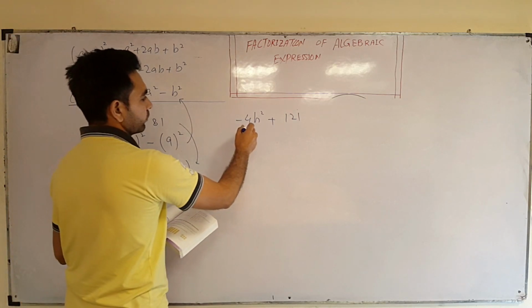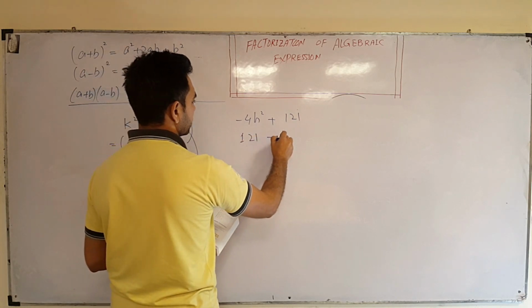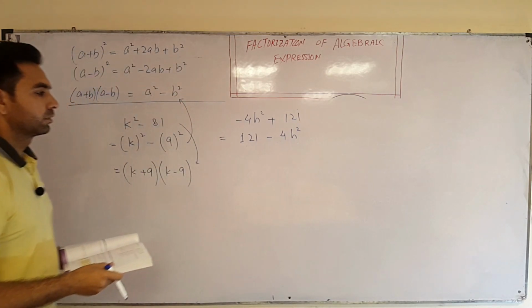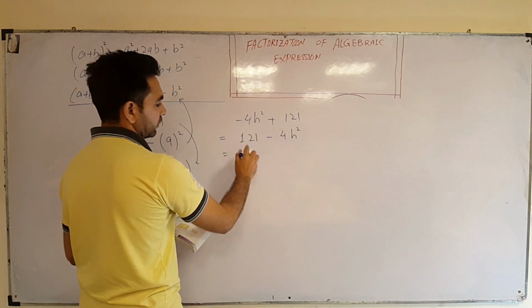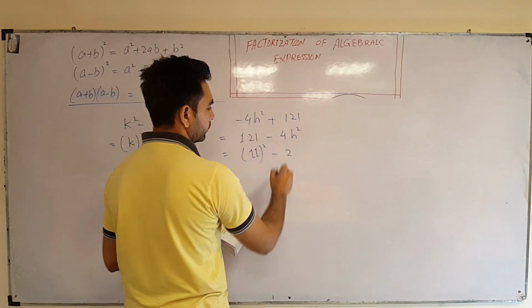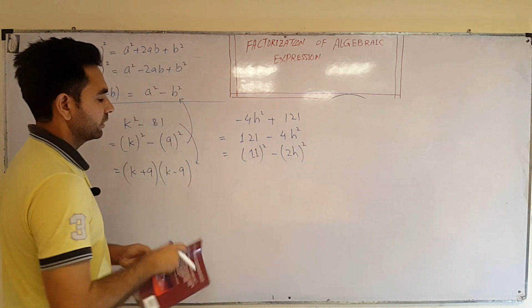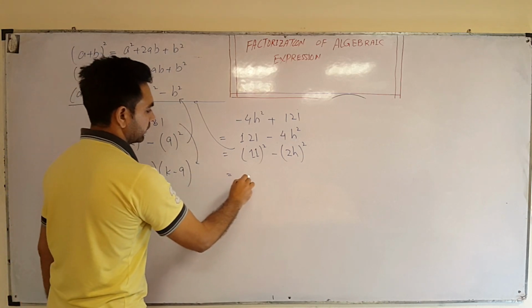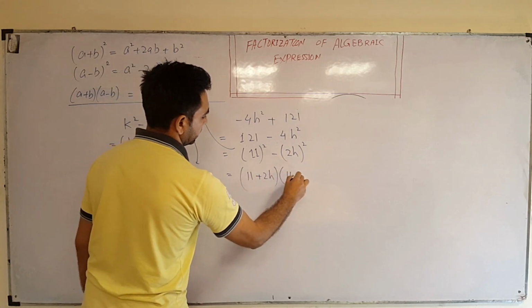So we can write this as 121 minus 4h square. 121 is a square of 11, and 4h square is 2h whole square. Now you can again compare it with this one. So that would be 11 plus 2h and 11 minus 2h.